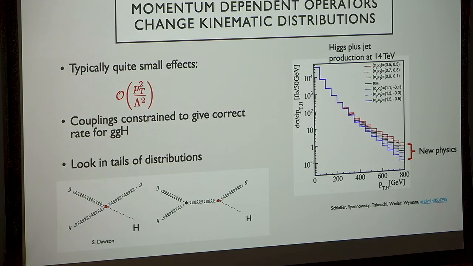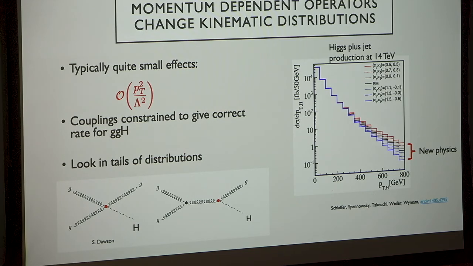You still can't separate out which is which, but you can see that at high pt here, you're starting to get rather large effects. And the values of the coefficients that are chosen in this particular plot are chosen such that the total rate for Higgs production comes out to be the experimental rate. So if you go to high pt, you can get these effects. They're less than 10, but they're order 5.